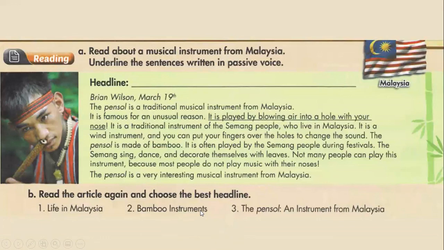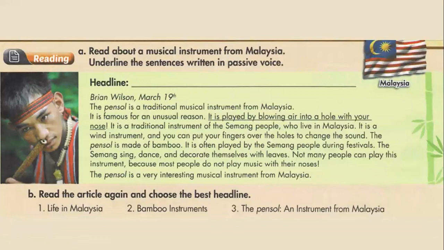Next, we have number 3, The Pensol, an Instrument from Malaysia. This is the best headline that we can have on this article. As we can see, we talked about the pensol, and it is an instrument from Malaysia. We talked about who plays this instrument. What kind of instrument is this? Is this percussion? No, this is a wind instrument, right?